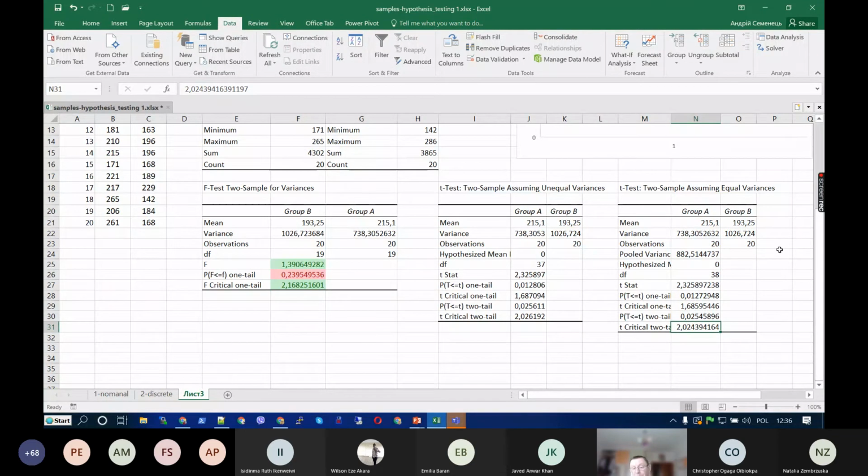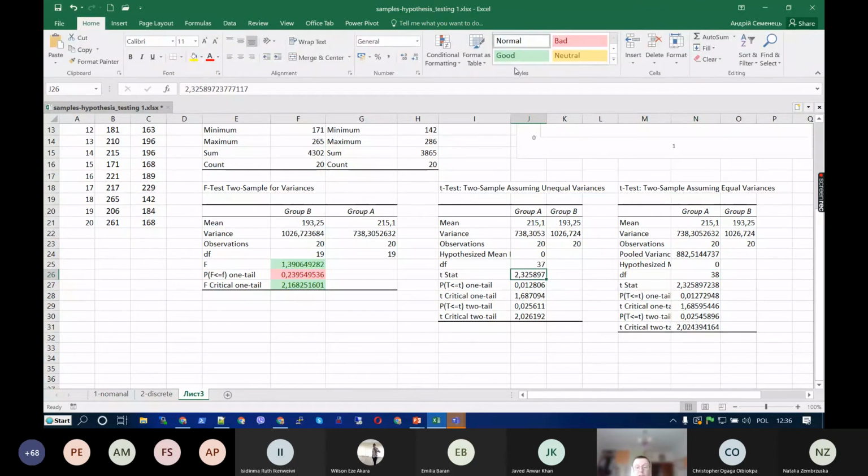There is actually a difference in degrees of freedom here, because the methods are different, so it's important to understand that. Anyway, in both cases our test statistic is a bit greater than the critical two-tailed, or the critical one-tailed, depending on what kind of test we perform.